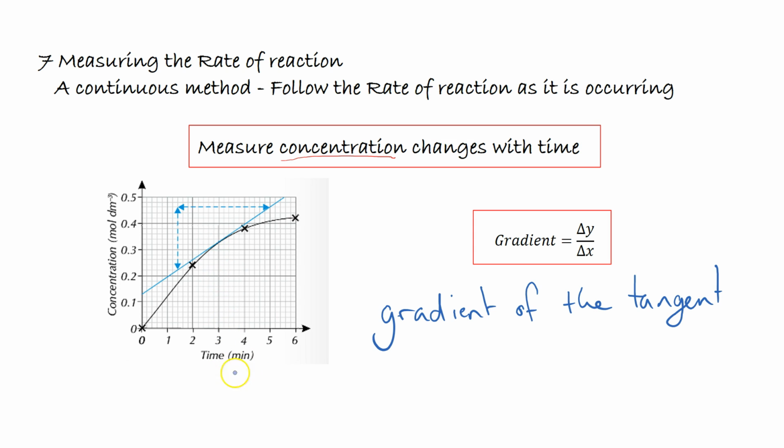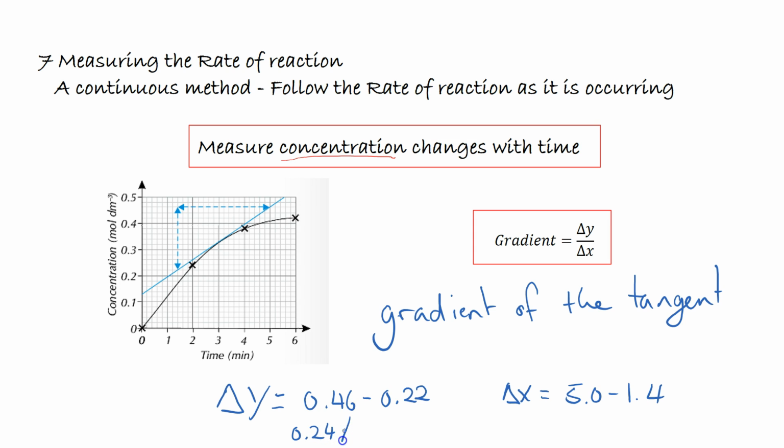So again, here at 3 minutes, we've got a tangent that's just touching the line, and our change in y this time we can calculate to be 0.46 take away 0.22, and our change in x being 5.0 minus 1.4, and so our gradient we can calculate here to be 0.24 divided by 3.6, again giving us a gradient of 0.067 moles per decimeter minus 3 per minute.